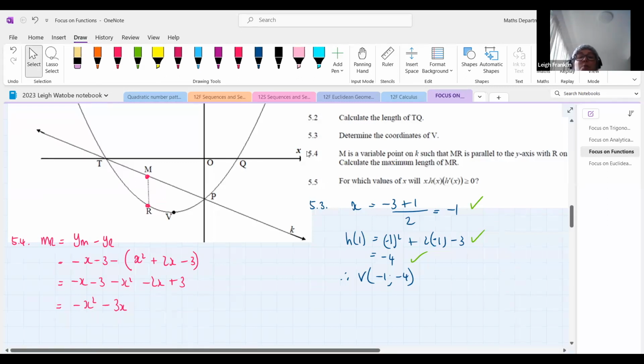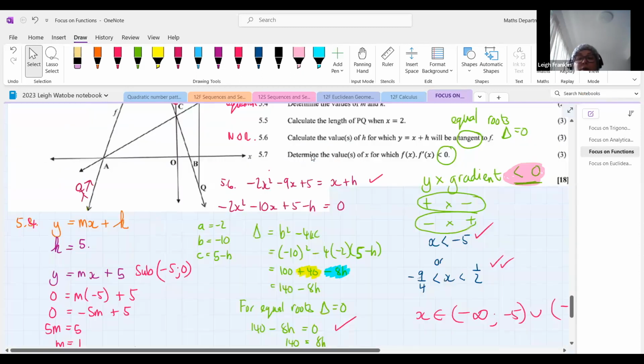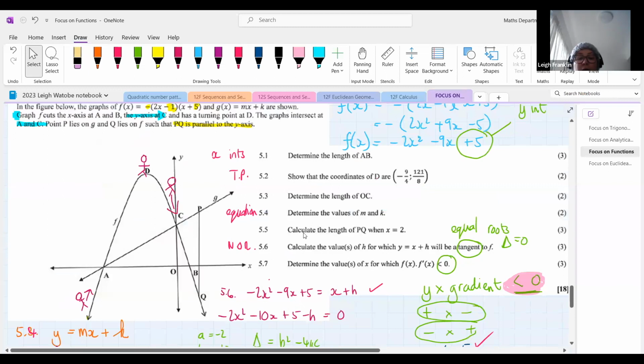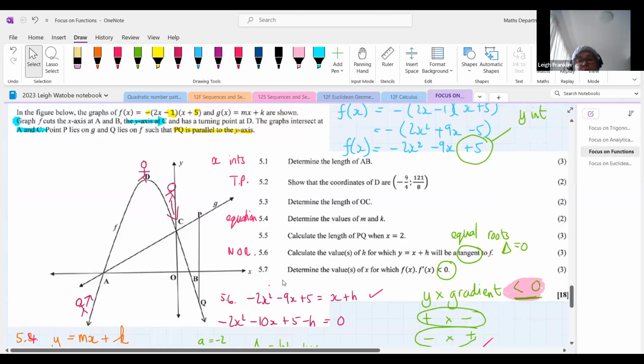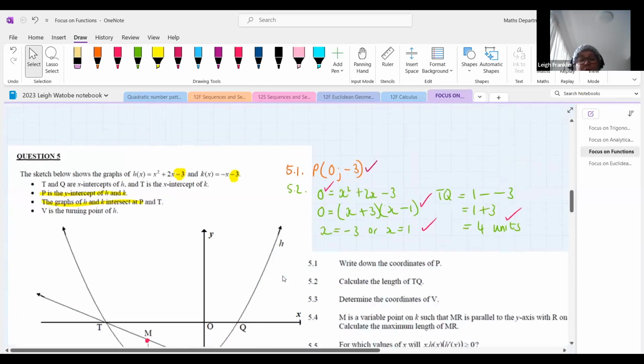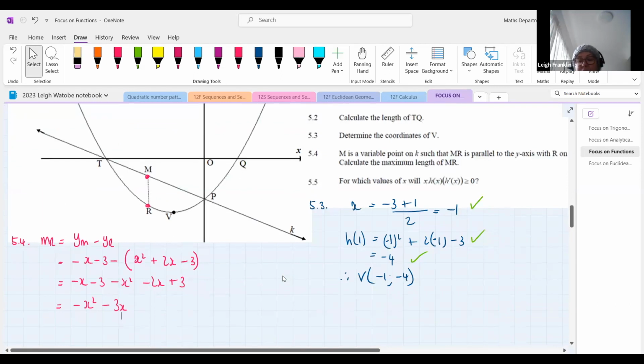The difference between question 5.4 and question 5.5 is that in question 5.5, it was easier because they told us that x was equal to 2 when we were calculating the length of PQ. Here, they do not tell us what the x is when MR is at a maximum length.